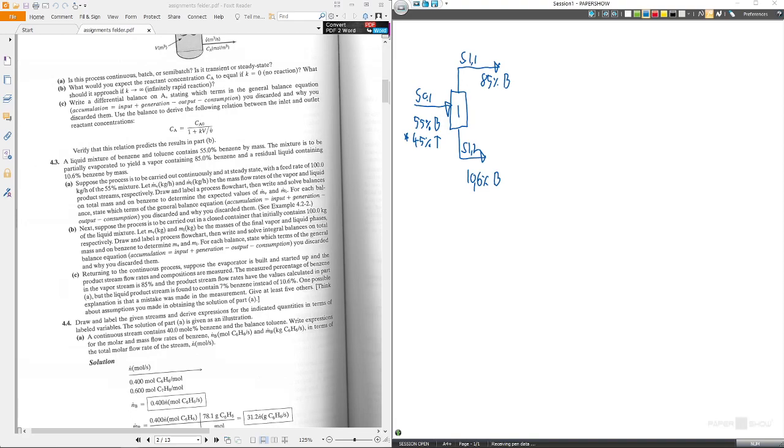And then we're actually being told in the first assignment that we should assume a feed rate of 100 kilograms per hour. So that would be our S01, would have a total mass of 100 kilograms per hour. Is there anything else we're being told?